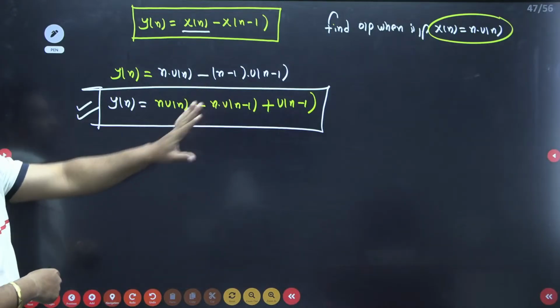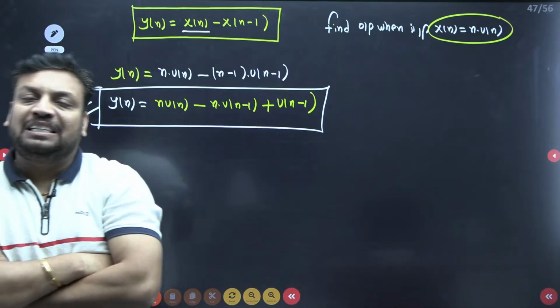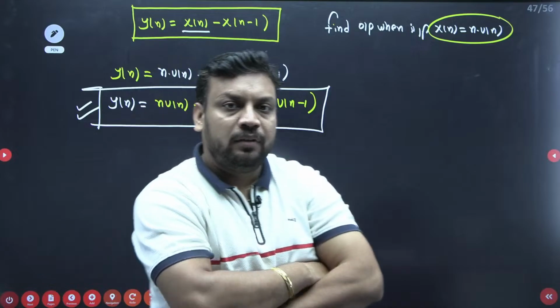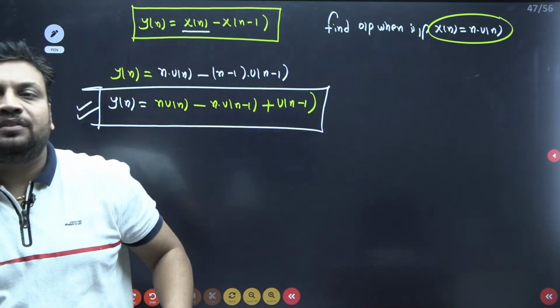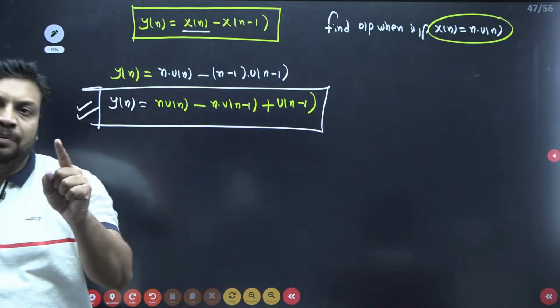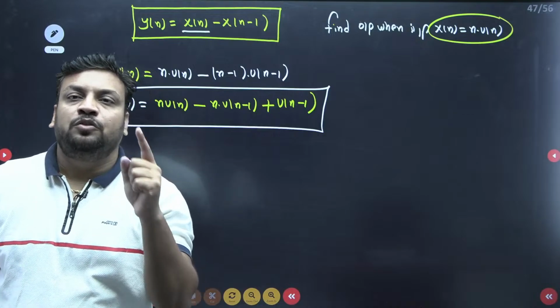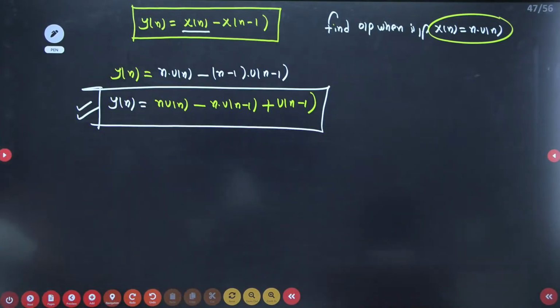If everything is clear till here, then tell me the answer now, because only one step is left. Shall I expect the last step from you guys? We are very near to the final answer. We are left with just one step, and I want you all to do that last step and tell me the answer.